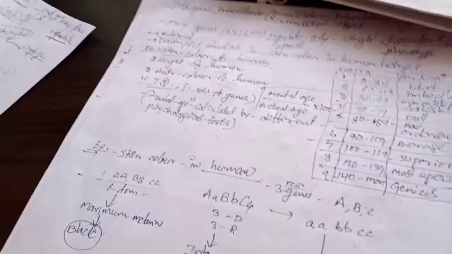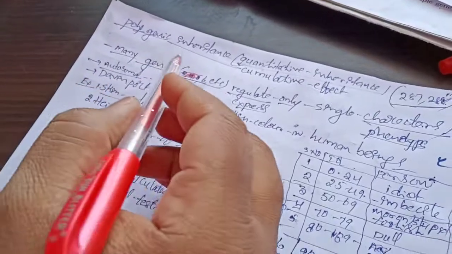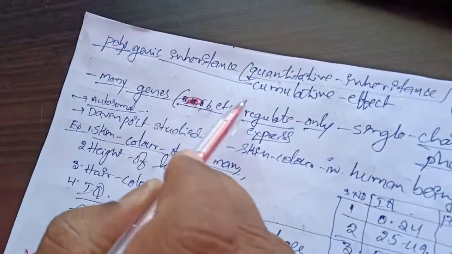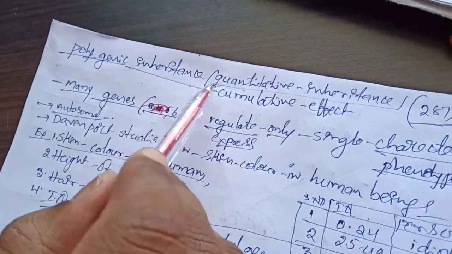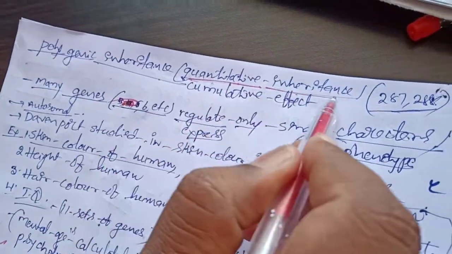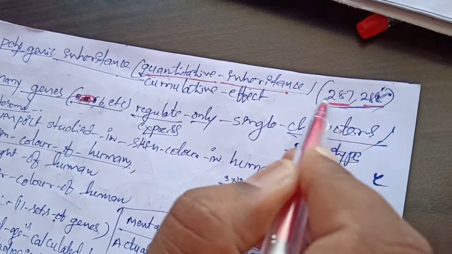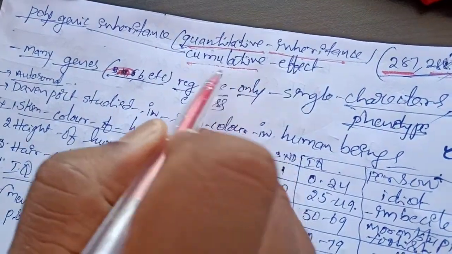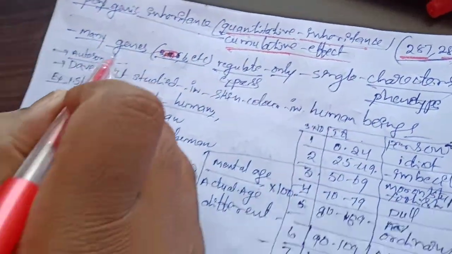Next one is, students, the detailed explanation of polygenic inheritance. It is also called quantitative inheritance, or cumulative effect. It is on page number 287 to 288. So what is the definition?